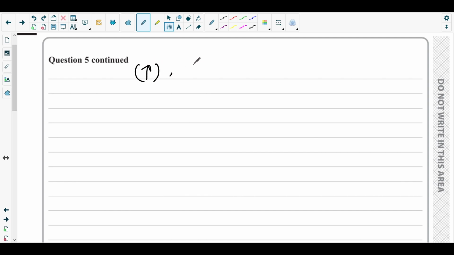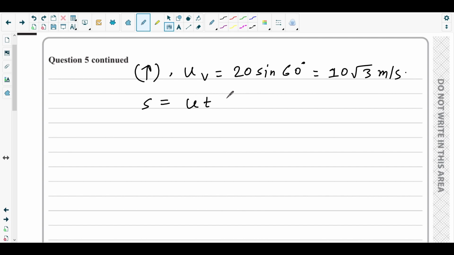Vertically, u vertical equals 20 sine 60 degree, where sine 60 is root 3 over 2, so that is 10 square root of 3 meter per second. We got the vertical component of velocity. Now consider the vertical displacement. s equals ut plus half at squared, taking upward as positive.